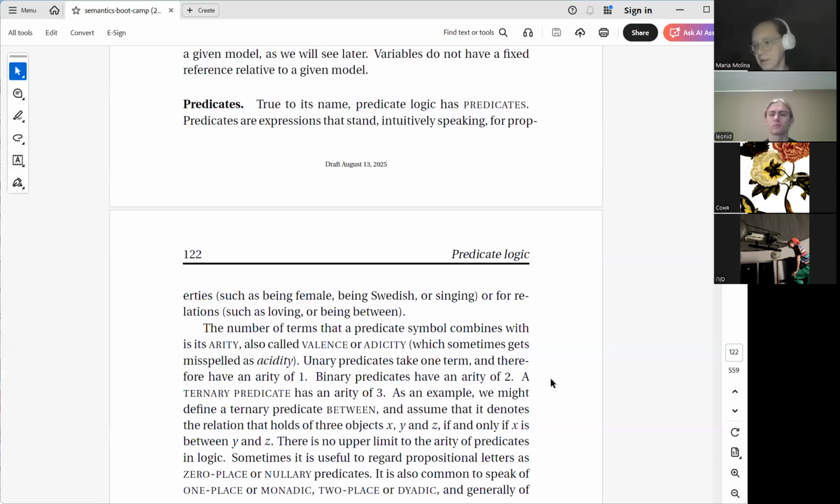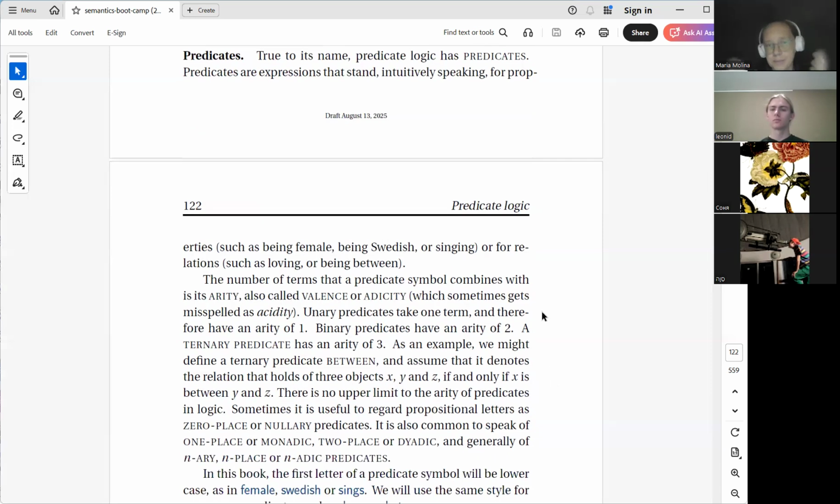Something is white. Or if we're using verbs, sitting is a property, or sitting on the chair is a property. Like anything.